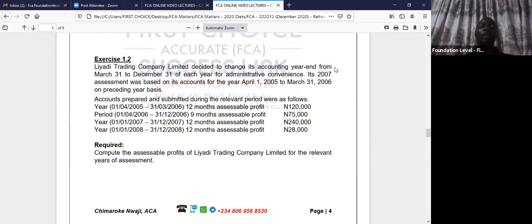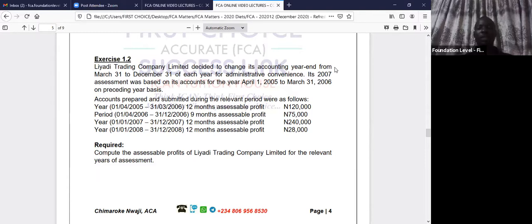The first year will be on actual year basis from the date. The second year will be from the date, and I usually say we want to count us yesterday's date.